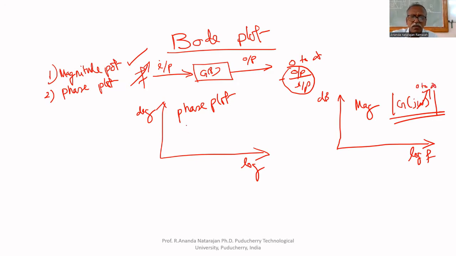Phase plot is nothing but angle of G of j omega, as omega varies from 0 to infinity. That we are going to do for various transfer functions.